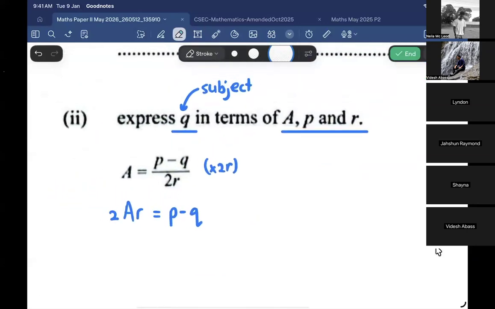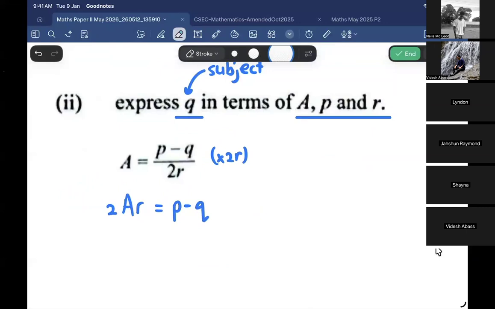Well, what did I want to make the subject? Q. If I want to make Q the subject, I need to isolate Q. So Videsh, what should I do next if I want to isolate the Q?